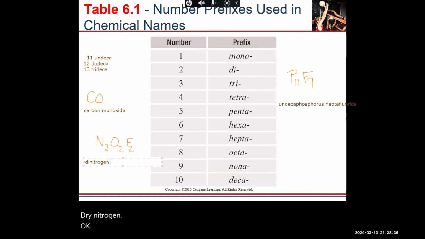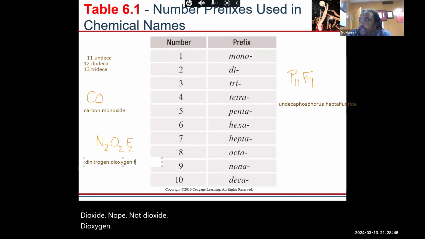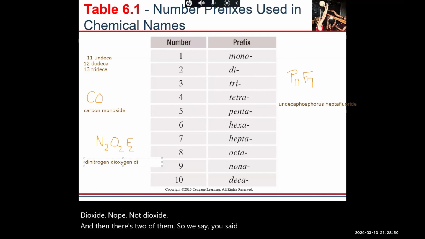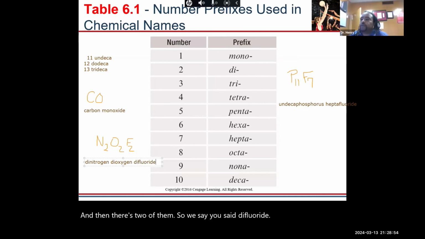Dioxide. Nope, not dioxide, dioxygen. Difluoride. And then there's two of them. So we'd say, you said difluoride? Yeah, difluoride. Okay, so that's what we call that.